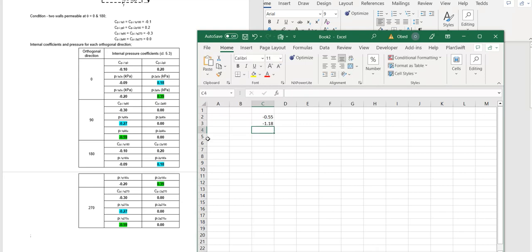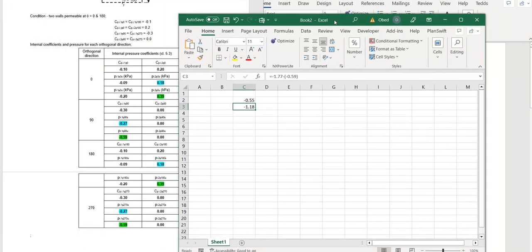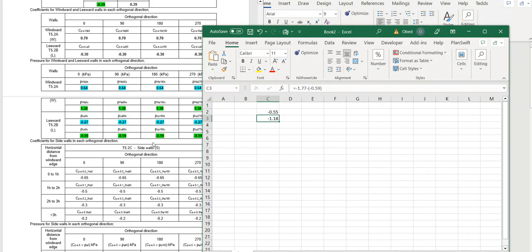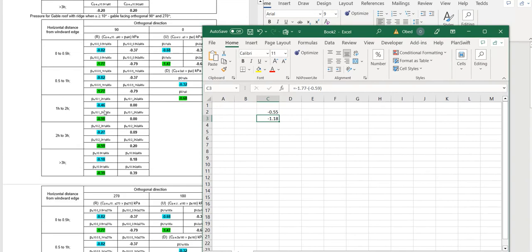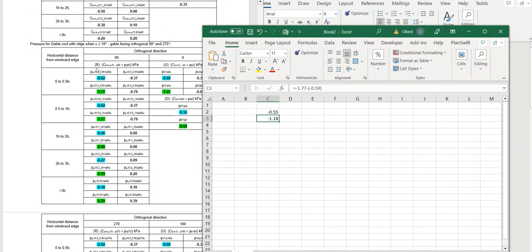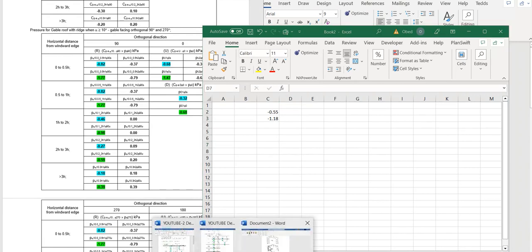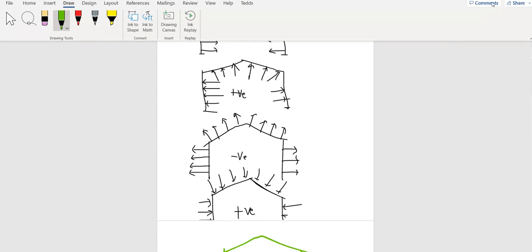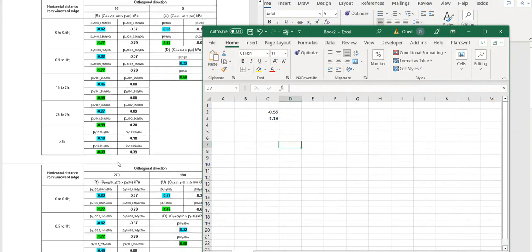Enter on the keyboard, gives me a value of negative 1.18 kilonewton per meter square. That's why I get a value from here. Similarly, for every value respectively to the distance and the wind orientation, just follow the formula, which is P external minus P internal, to get the net pressure on the surface or the distance that you are trying to consider.